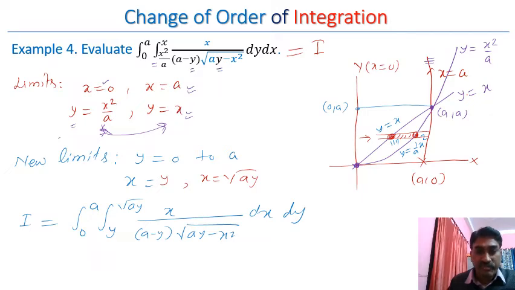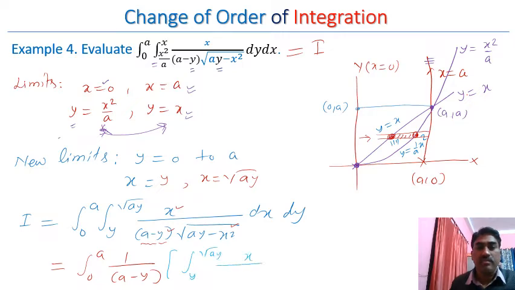See that x appears here, and in the numerator this factor is not disturbing the integration with respect to x, meaning it is not related to x directly in the first internal integral. So write this as the integral from 0 to a of 1 by a minus y, times the integral from y to root ay of x times square root of ay minus x square dx, and dy.